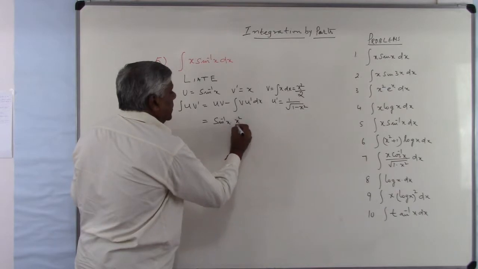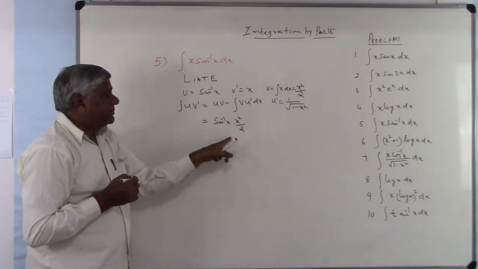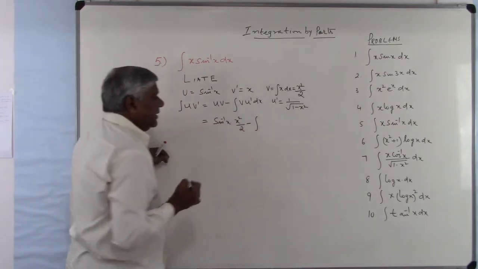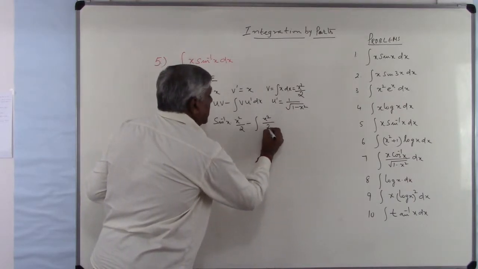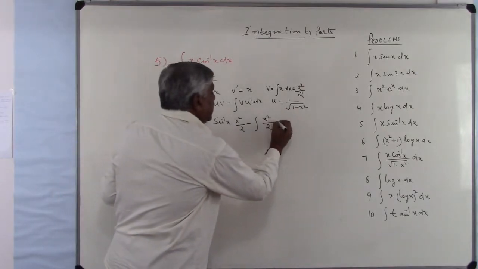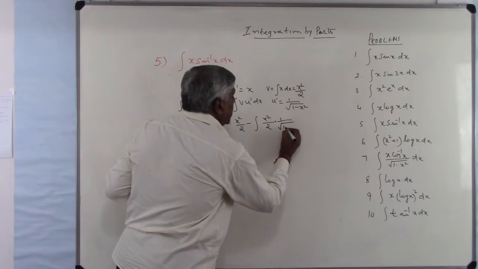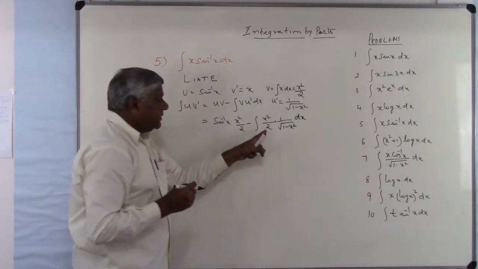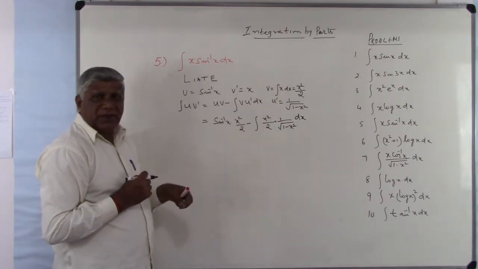I am going to write it as x square by 2 uv minus integral v is what? x square by 2 into 1 over root of 1 minus x square into dx, because this is vu dash.